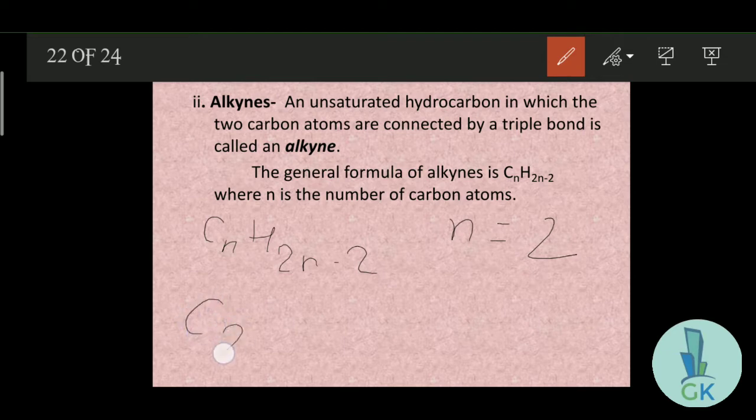So C2H(2 into 2 minus 2), 4 minus 2 will be 2, so C2H2. This is the formula for the first or the simplest alkyne.